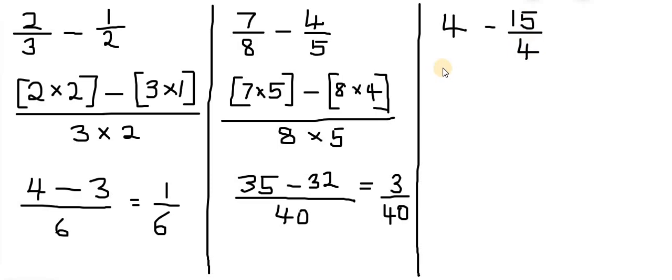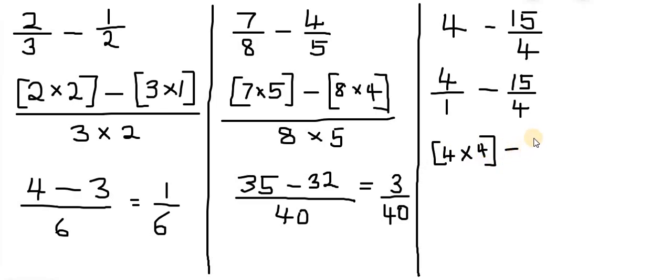Because remember, a whole number is also a fraction, so we write that as 4 over 1 minus 15 over 4, and we go across. 4 times 4, minus, that's the sign there, and we go across. 1 times 15, all over, going along at the bottom, 1 times 4.